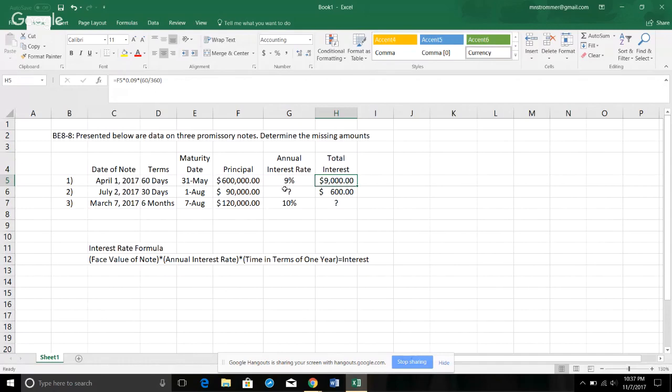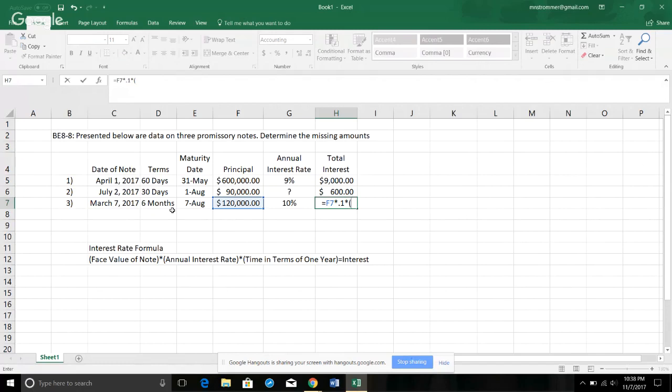I'm going to skip down to the very last one here. We'll do the same thing. We'll go equals our principal times our annual interest rate, which is 10%, so 0.1, and then times the time in terms of 1 year.